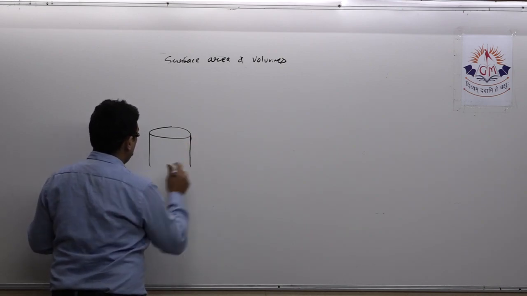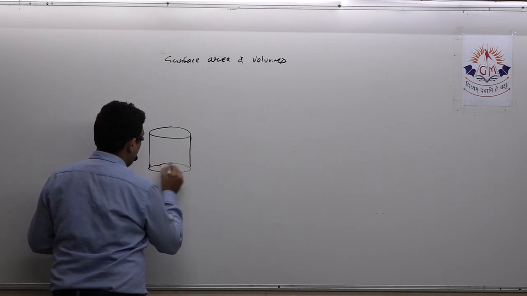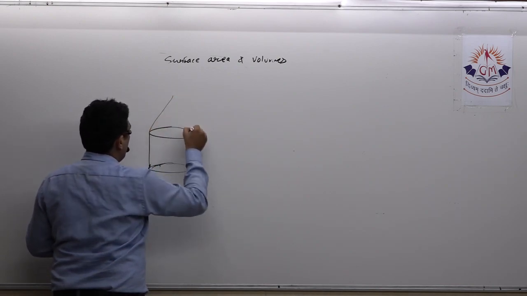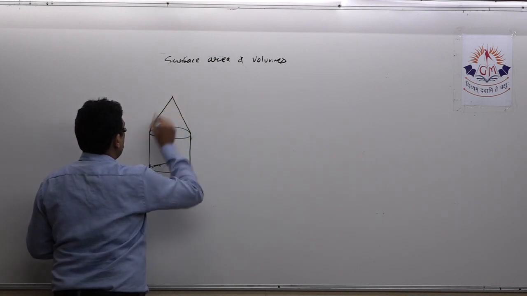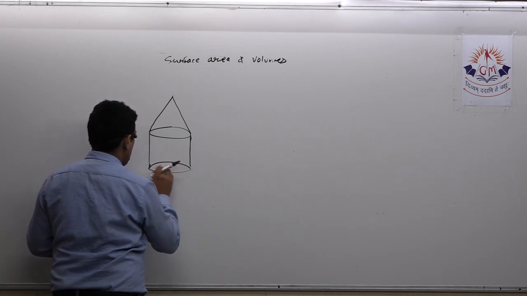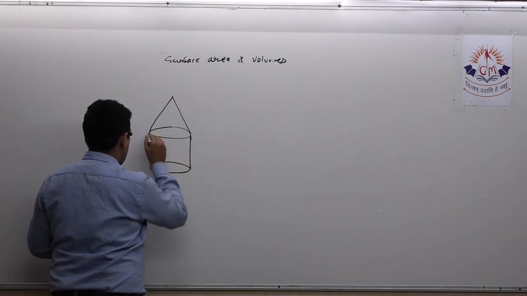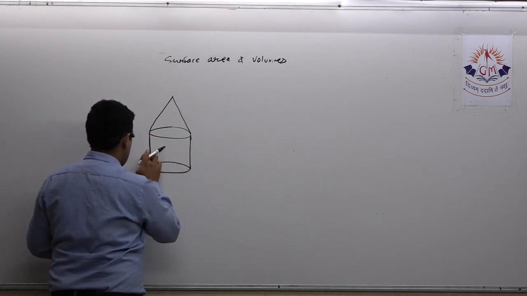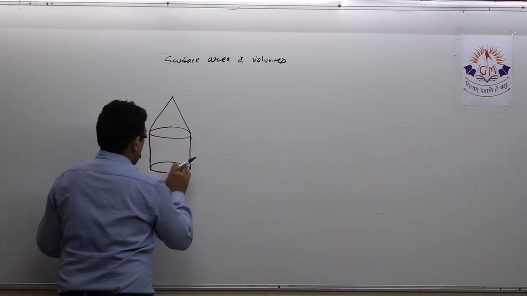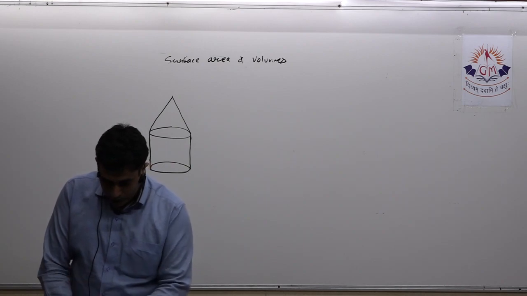That means the base of the tent is cylindrical in this way and its top is in the shape of a cone in this way. Okay, this is the shape of the tent. Now we'll read it further.